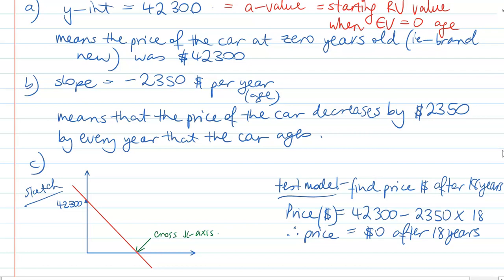Okay, so what we've seen is it crosses the x-axis when the car is 18 years old. And below that, it means we're going into negative values of the price of car. So if the car was 19 years old, I'd have a negative worth. And that's impossible. So that's a limitation of the model.